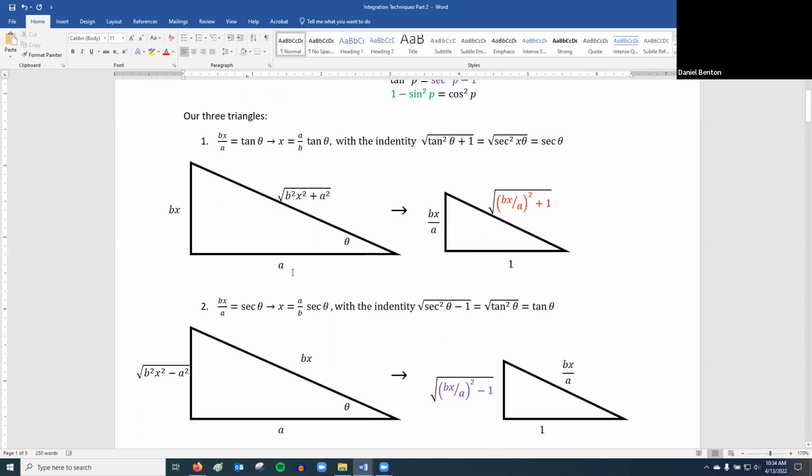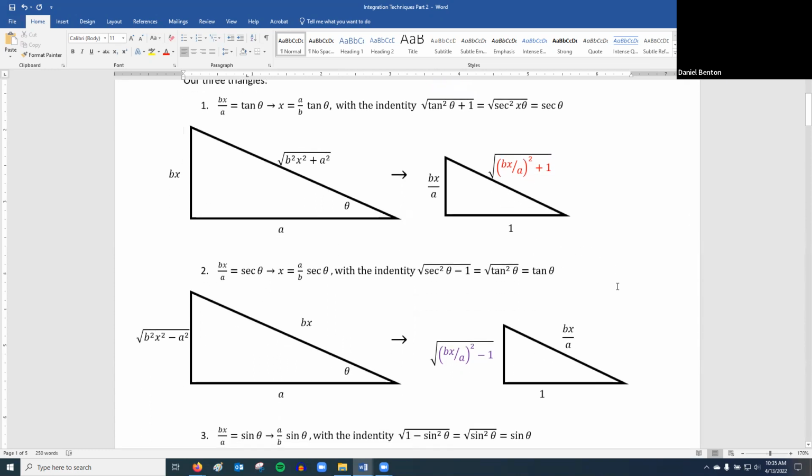It also works for negatives, like around the unit circle, right? You can still have negative x's and negative y's. So we're not particularly restricted with what x's we can use here.